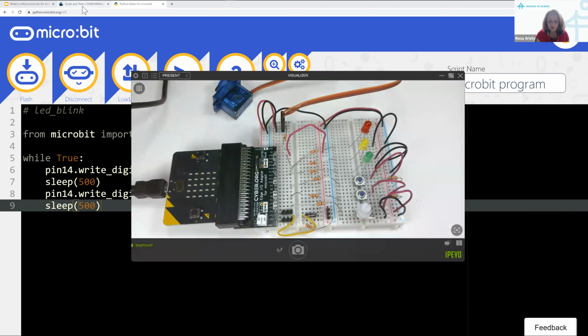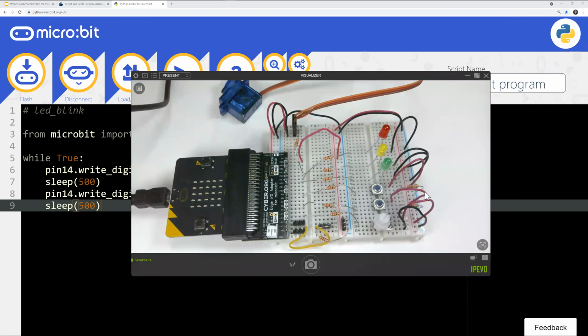Which light is supposed to blink? I have the green one blinking. Okay, so that might mean that you have, do you have 3 lights? I do. Okay, so look closely and check your lights.